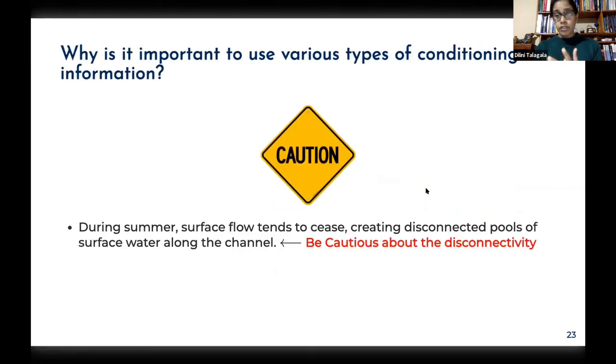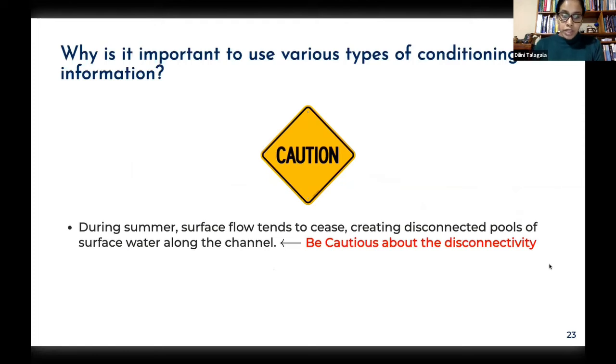Okay, so I was talking about three conditioning types. The first two are based on the information coming from the same site, and the third is the information coming from the other stream. Now my question is, why is it important to use various types of conditioning? Why can't we just rely on our last conditioning type?